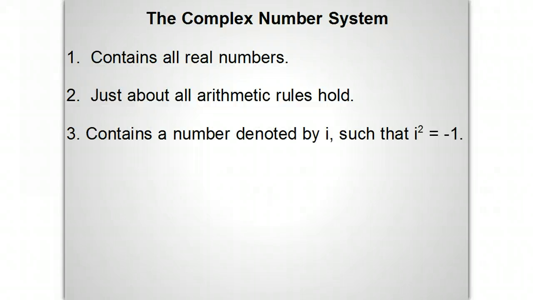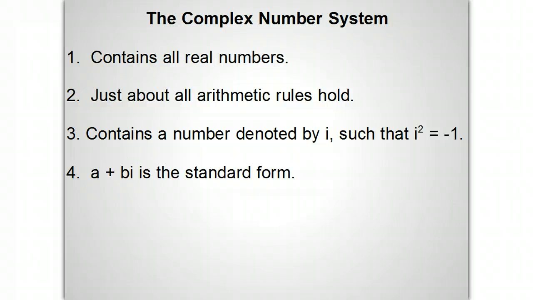We're going to solve the problem of having no solutions to certain equations by defining the number i, the imaginary unit, to be such that i squared is equal to negative 1. So imagine that. You're going to square this number and get a negative 1. So it's the square root of negative 1.